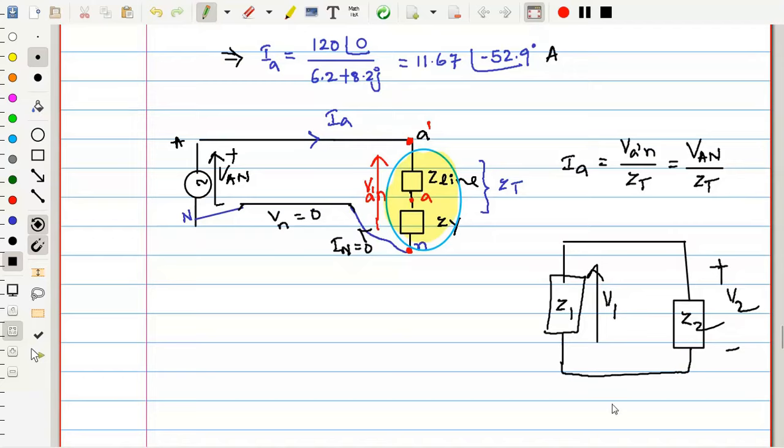V2. No. That terminology may give wrong meaning, but I can say that voltage across the load is equal to source voltage. I may not say load and source are equal, but I'll say that in this way, load voltage is equal to source voltage. Got it?